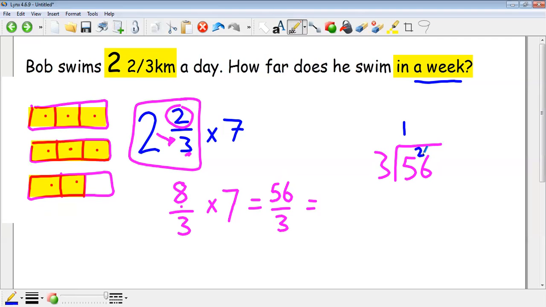Then I've got 3 into 26, which would go 8. Now this is where it's a bit tricky. But for those of you that remember how to do this, the remainder simply becomes the numerator, and the number we're dividing by, the divisor, becomes the denominator. And we get the same answer, 18 2/3.